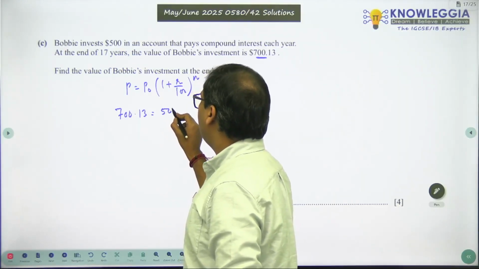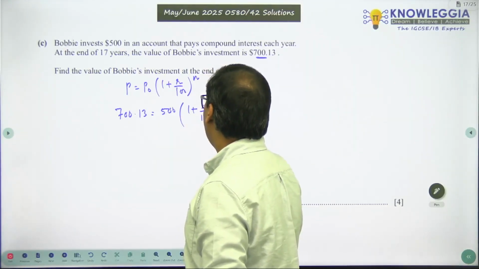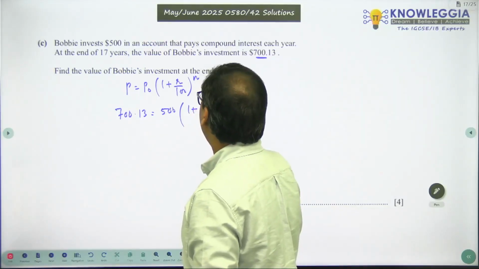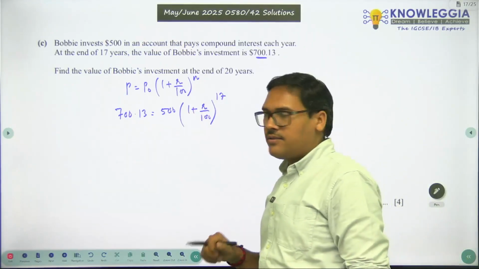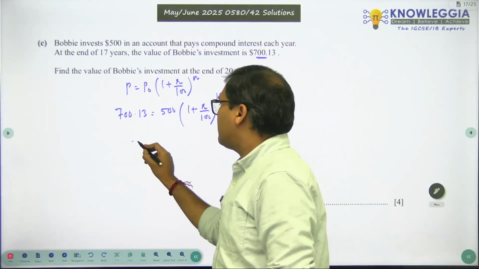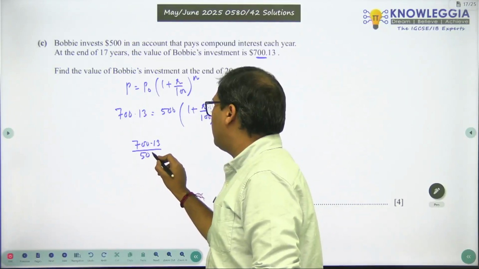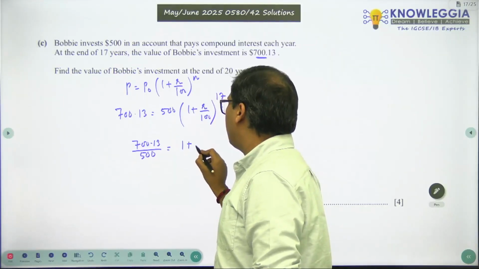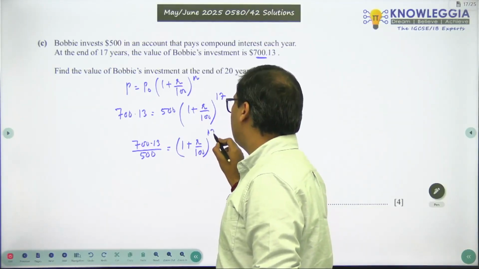This is 500, 1 plus r upon 100. And for the time period, what is the time? That is 17 years. Correct? So now using this, I can calculate r. So let's calculate this: 700.13 divided by 500 equal to 1 plus r upon 100 raised to 17.